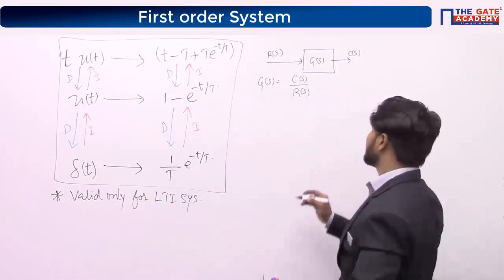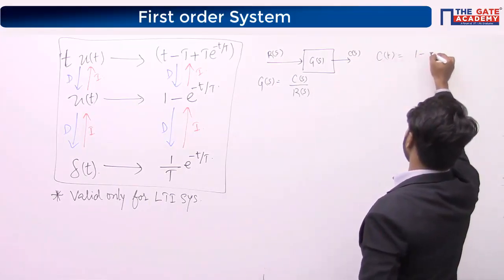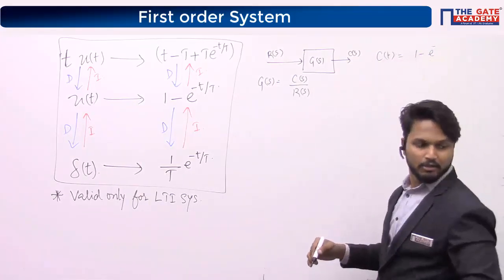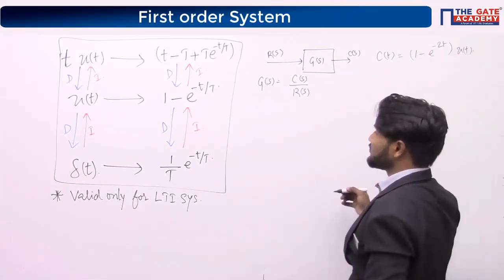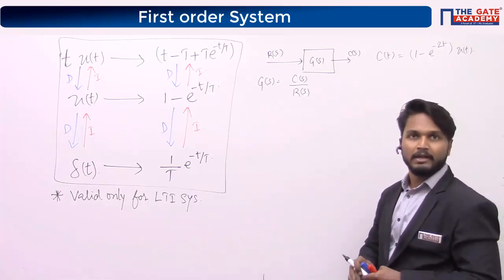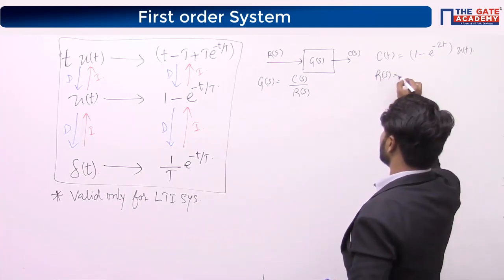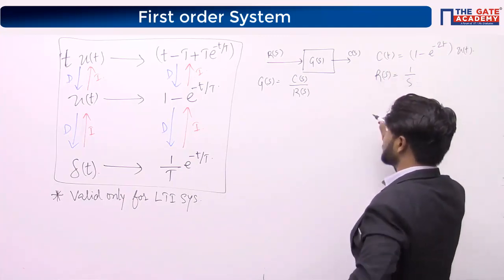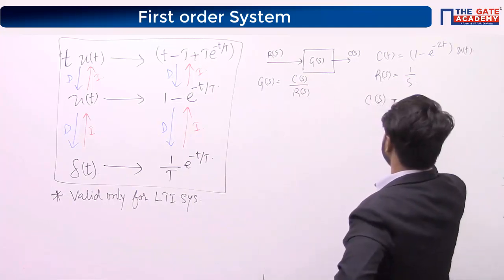C of t is given to you: 1 minus e power minus 2t into u of t. This is the unit step response, which means R of s is equal to 1 by s. You have to find C of s in order to find G of s.